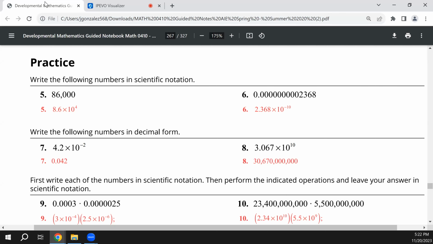Number 5. 86 is too big. I need to move the decimal point all the way to the 8. 8.6 is smaller than 10, right?